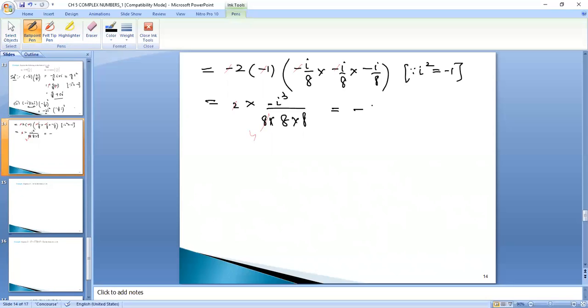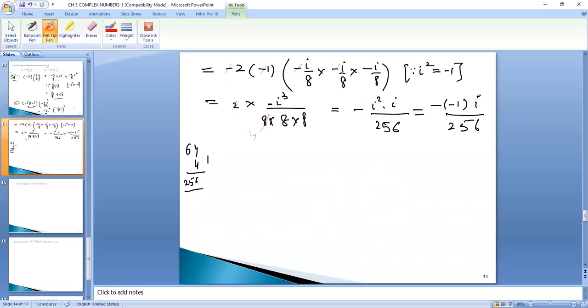I can write iota square into iota upon 8 into 8 into 8, 64, 64 into 4, 256. So in the denominator it is 256. Iota square is minus 1. So we will be having this minus, minus is there, iota square I'm writing minus 1 into iota, minus minus cancel each other. So I will be having iota upon 256.